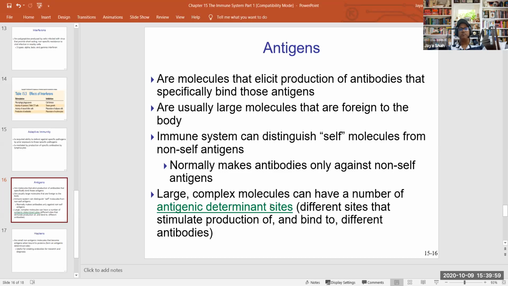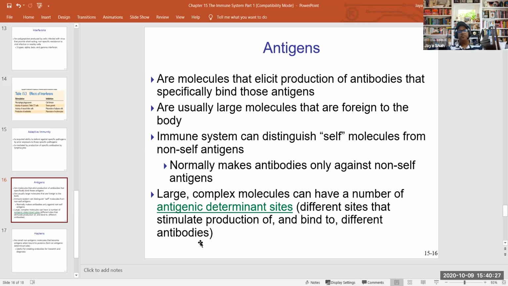Large complex molecules can have a number of antigenic determinant sites, different sites that stimulate production of and bind to different antibodies. So basically antigens are protein molecules, and our immune cells can distinguish whether it is foreign or self.